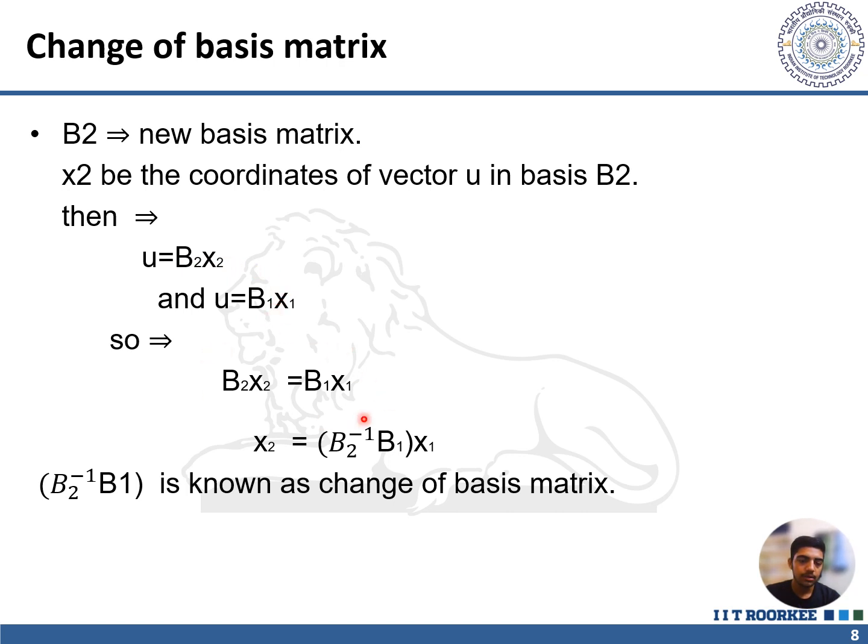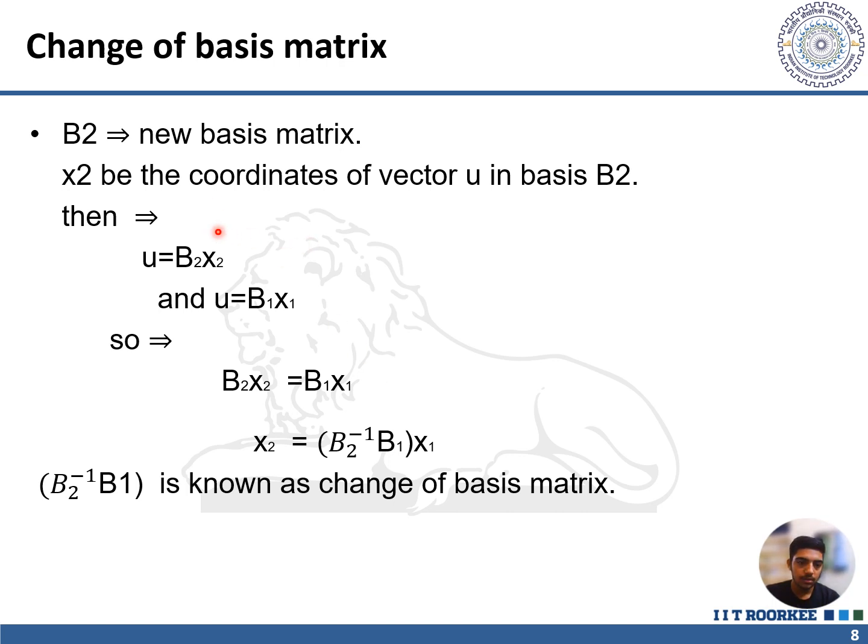We know the coordinates of vector u in the b1 basis, which are x1, and we need to find the coordinates in basis b2, which is x2. So we need to multiply both sides by the inverse of the b2 matrix. That will give us the coordinates of vector u. You can see that b1 x1 is the vector u. As we discussed earlier, to find the coordinates of any vector we need to multiply it by the inverse of the basis matrix.